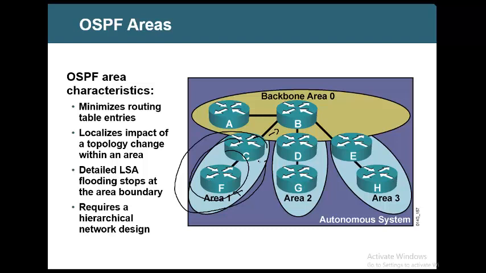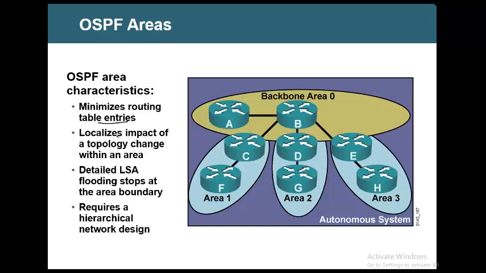Because you do summarization, the routing table of the other area is not going to be utilized more by this area. Area 1 routes are summarized and sent as a result. The minimized routing table entries will be seen. So you get a summarization point. If you don't have areas, you will not have a summarization point. Minimize the routing table entries.